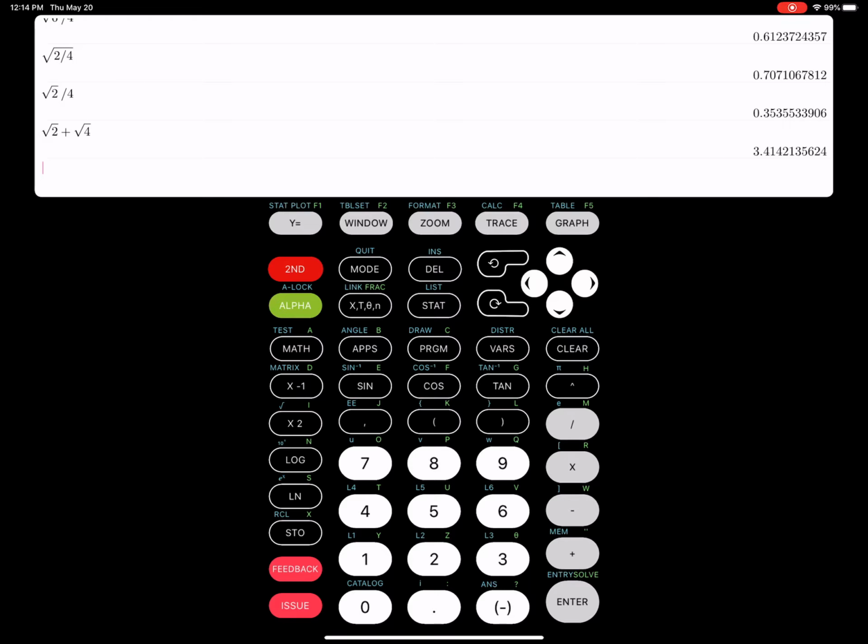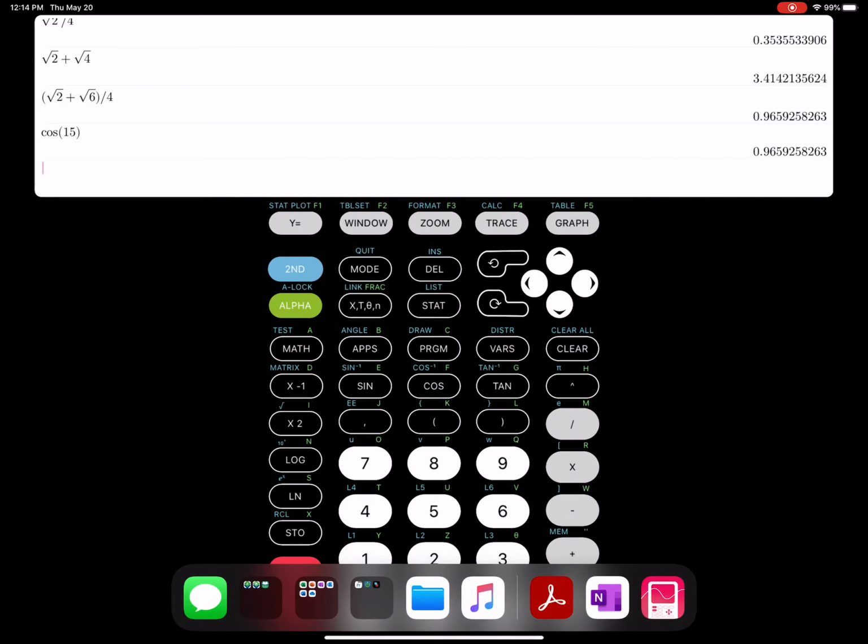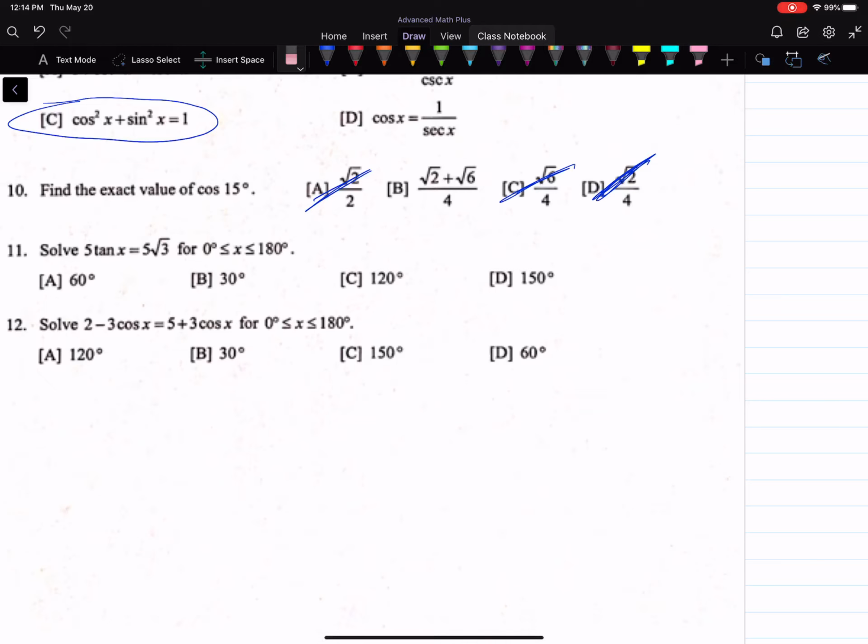Yeah, there it went. There you go, cosine of 15. Same fraction, same decimals there. So I know that's kind of the shortcut way of doing it, using your calculator. So the answer has to be B.